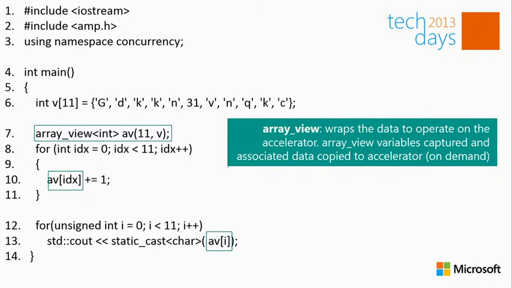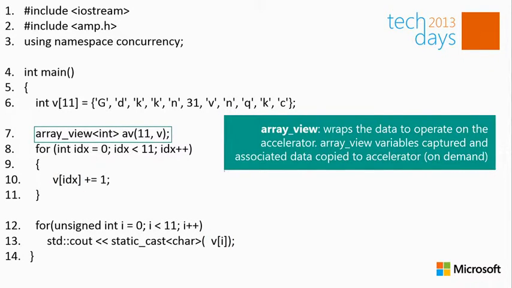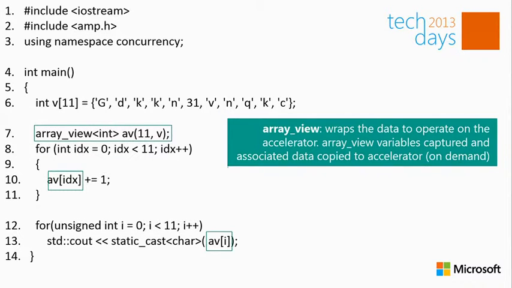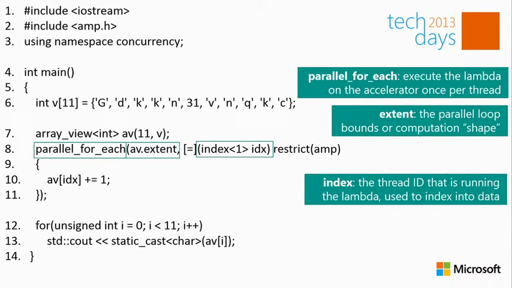And instead of using v inside the loop, I will use the array_view. Simple so far. And instead of printing v, I'll print av. So basically, consider av to be an alias to v in some way. And now I'm just using av everywhere. And I will replace the for with a parallel_for_each, the same one that we used in PPL, right?